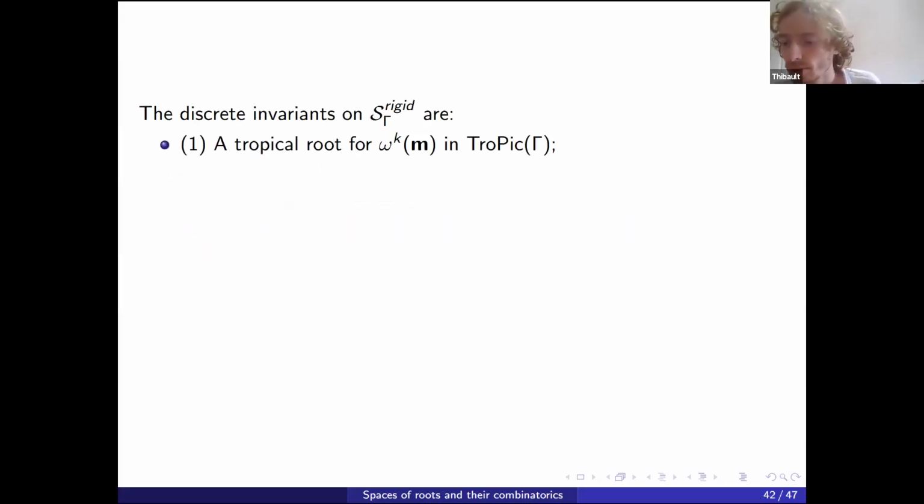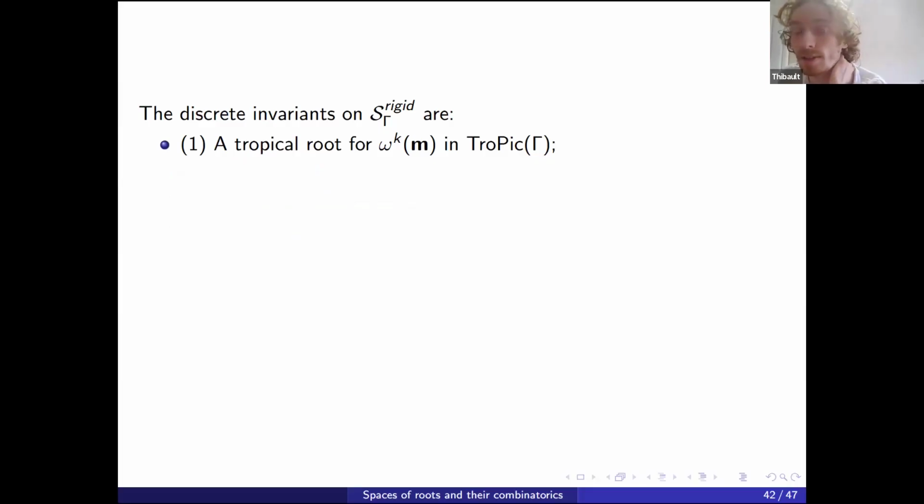Okay, so first game, how many discrete invariants can I find on S gamma rigid? The first thing is, all of my roots have an image in the tropical Picard group of gamma.